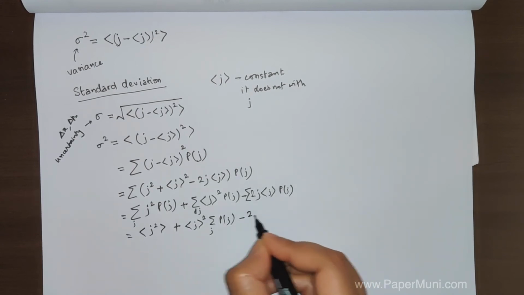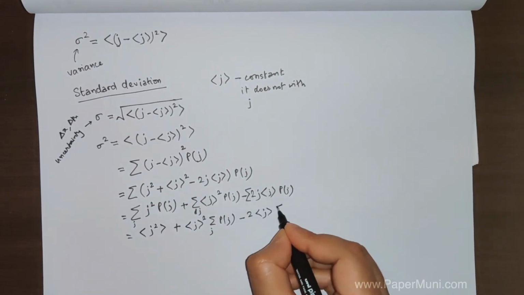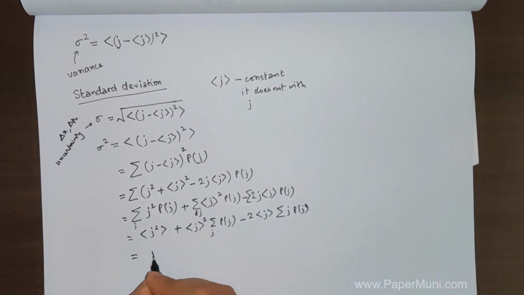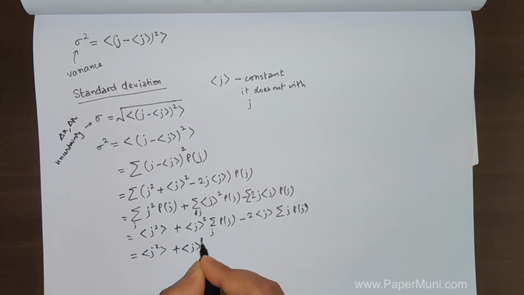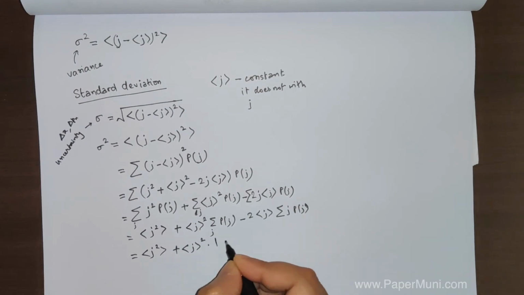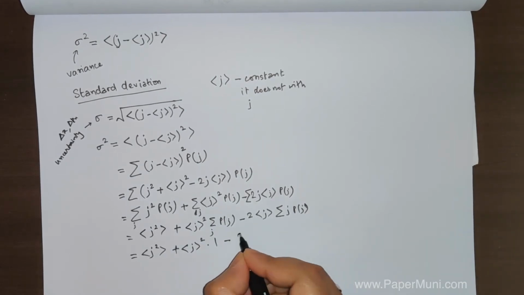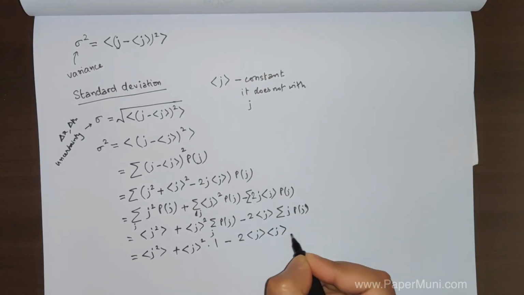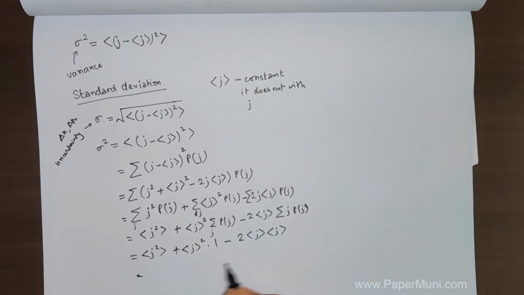So if you take out these quantities, which are constant, what you have is j pj. So this is mean of j square plus this constant quantity. This quantity is one. If you sum over all the probabilities, this would give you 1, and this one is simply the mean of j, by definition.